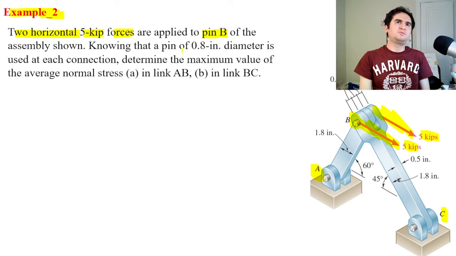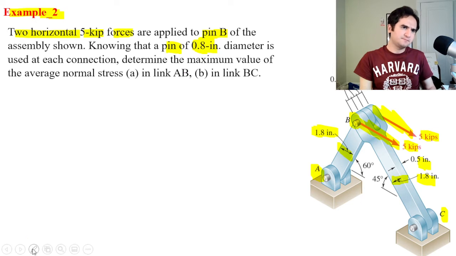We know the thickness and also the width of the legs, and the diameter of the pin is provided to be 0.8, so that says my pin diameter is 0.8 inches.